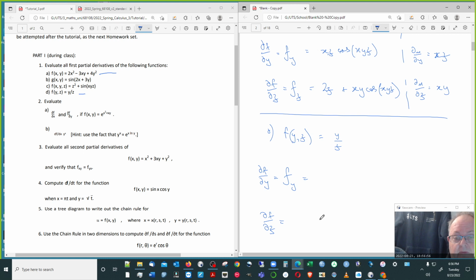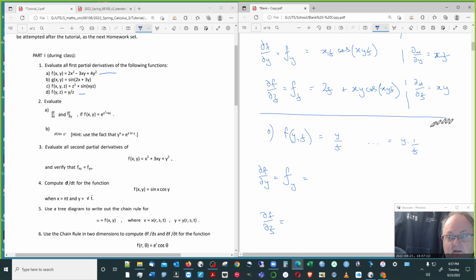We can split this out as a product to make it easier. We could do this as y times 1 over z, and that would help you see the constant nature of the differential.